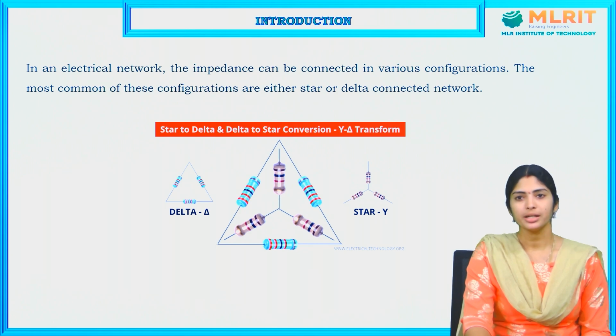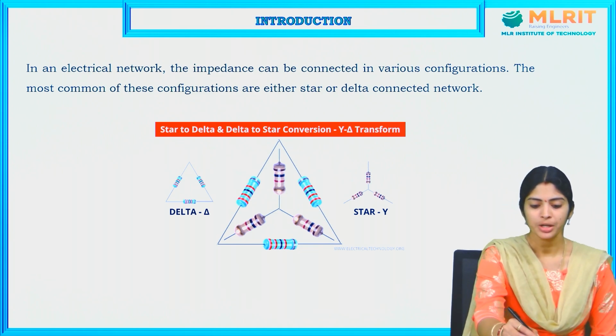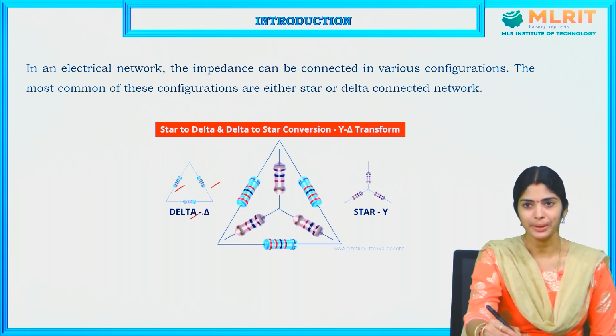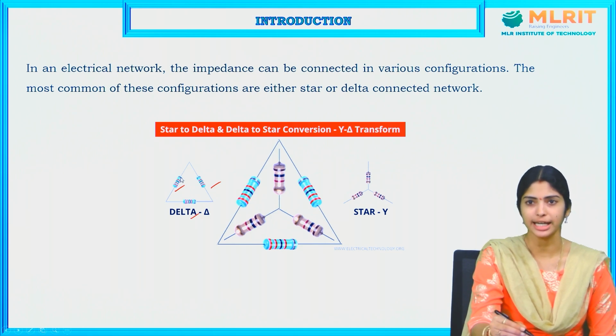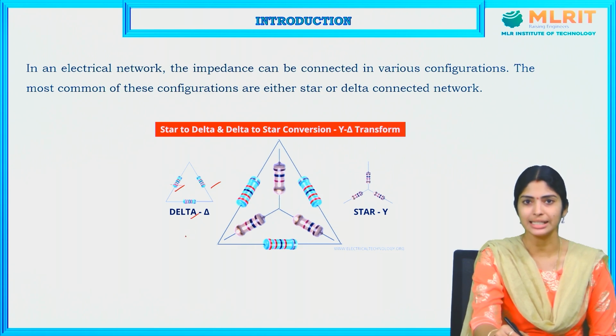That means the generated voltages will be transferred to the distribution through transmission with the help of the delta connection or star connection. So if we see here, these three are resistors, or impedances, whatever it may be. While transmitting, if we connect the R phase, Y phase and B phase in this connection, then we'll call it a delta connection.